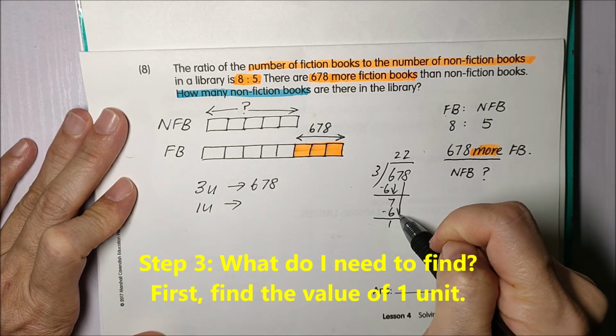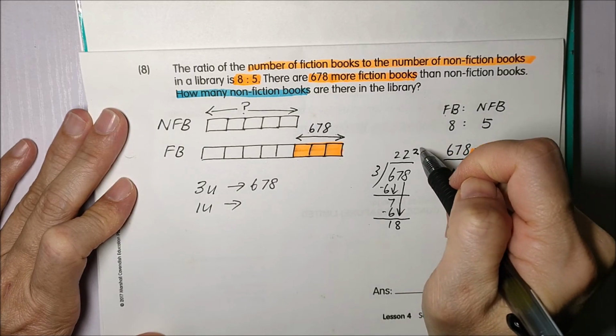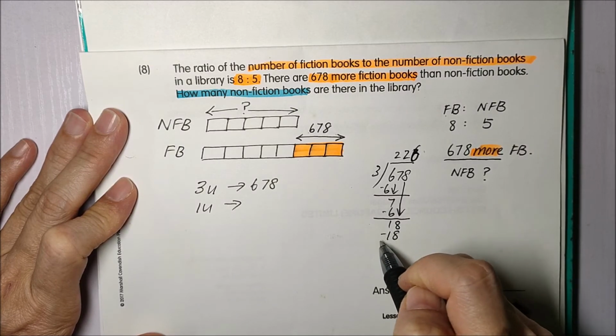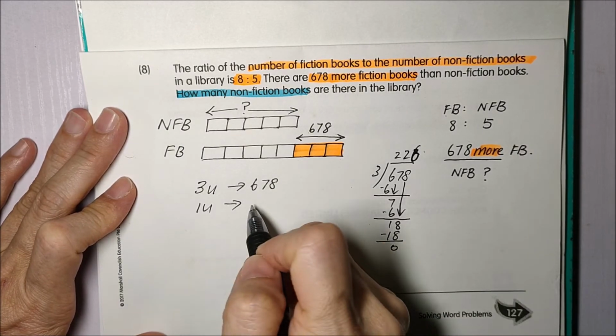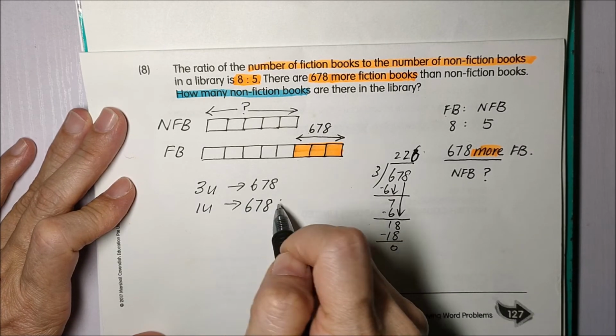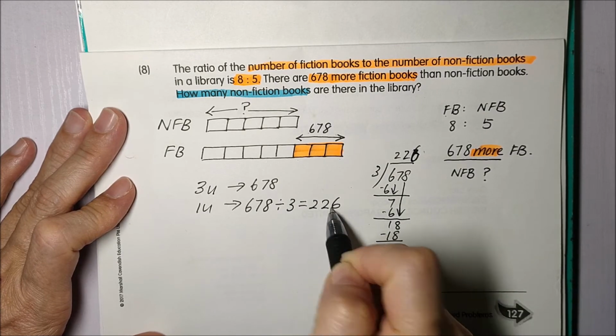Bring down the 8. Sorry, 6 times 3, 18, remainder 0. So 1 unit is actually 678 divided by 3. That will give you 226.